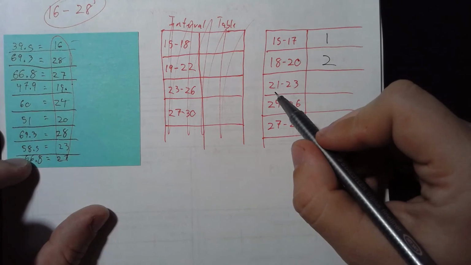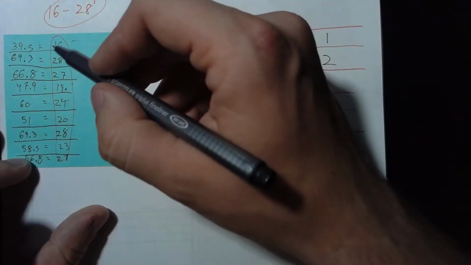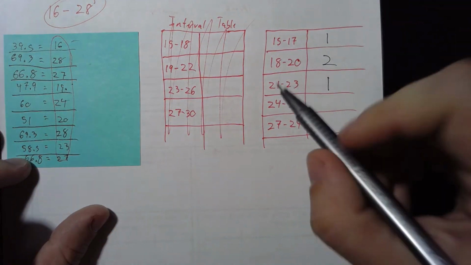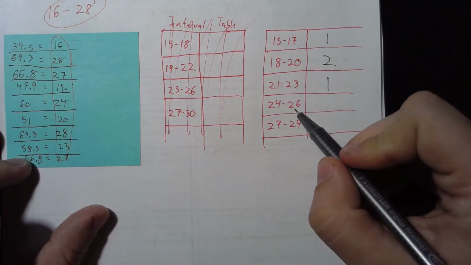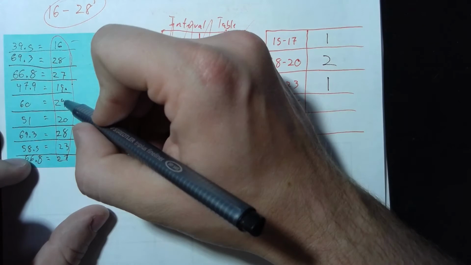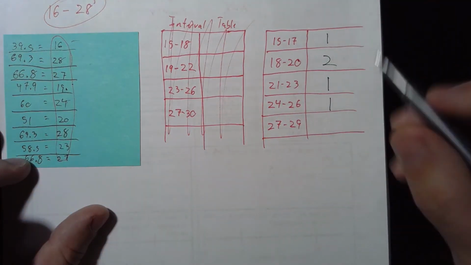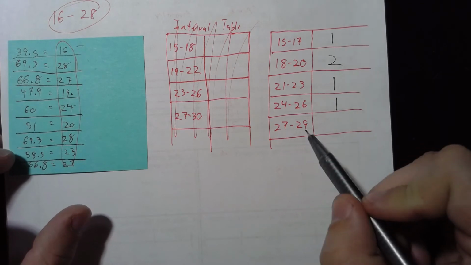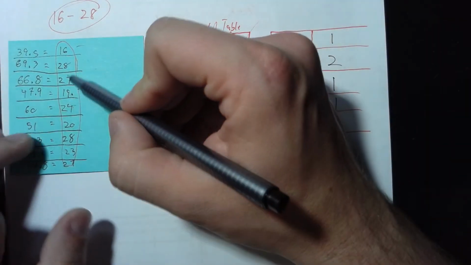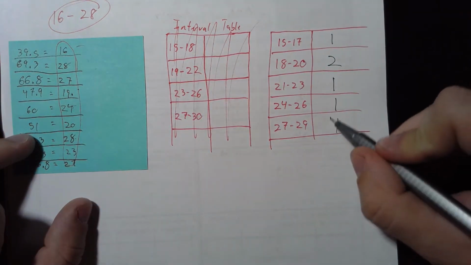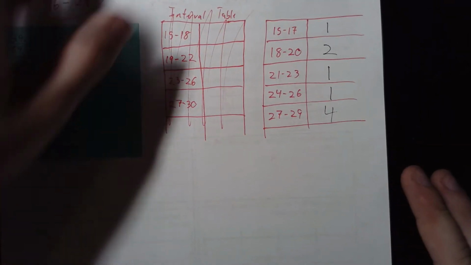How many fish were between 21 and 23? Again, just 1. How many fish were between 24 and 26 inches? Just 1. How many fish were between 27 and 29 inches? 1, 2, 3, 4. Wow. A lot of big fish that time.